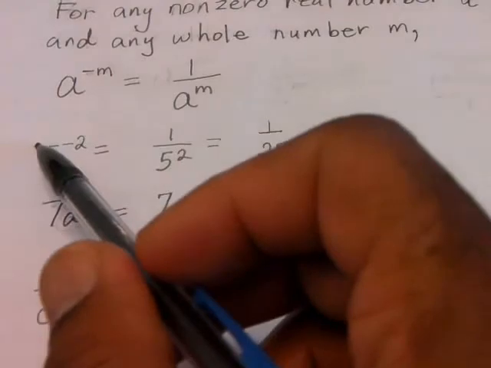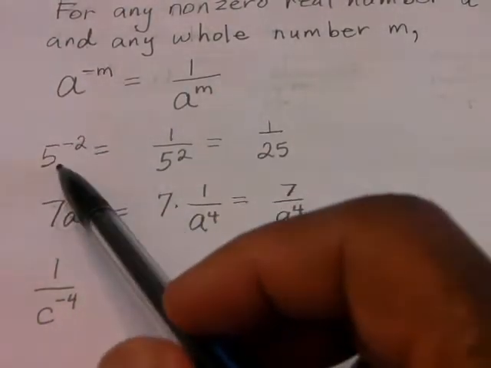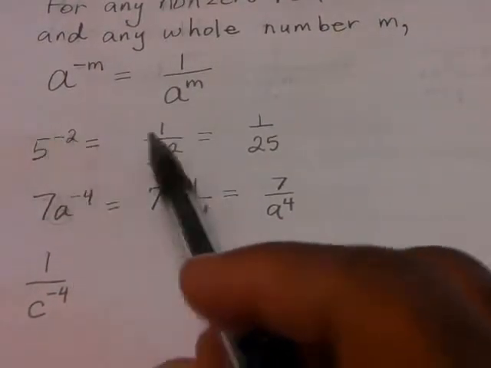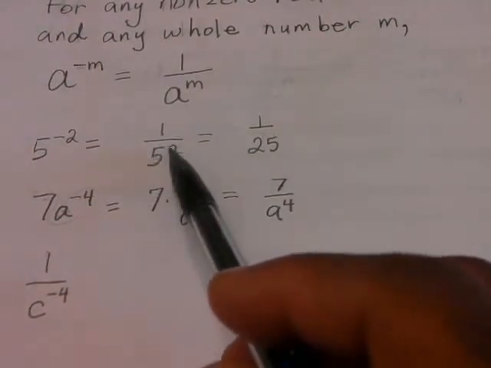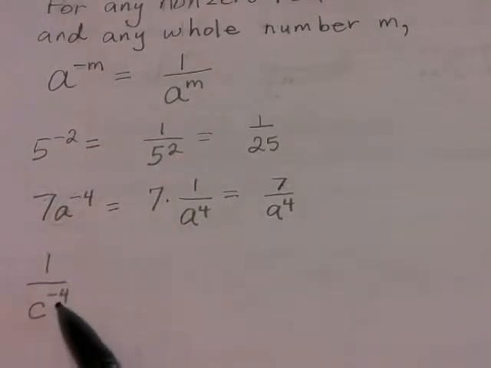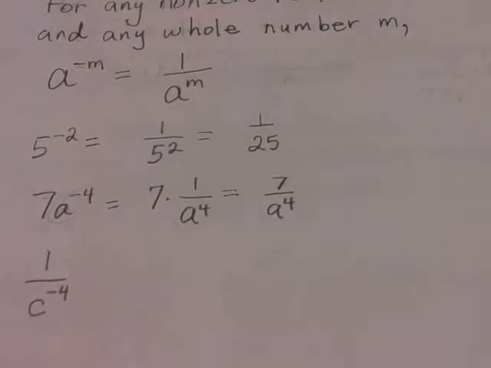Notice that these other numbers are in numerator positions, and this becomes the denominator. But this time the problem starts off with c raised to the negative power in the denominator. So there's going to be a change.